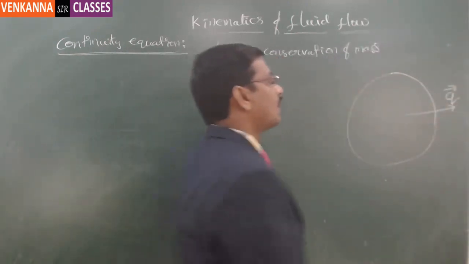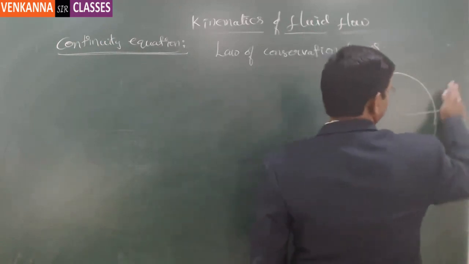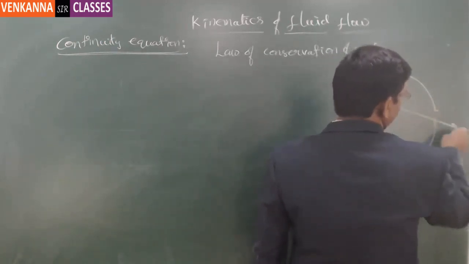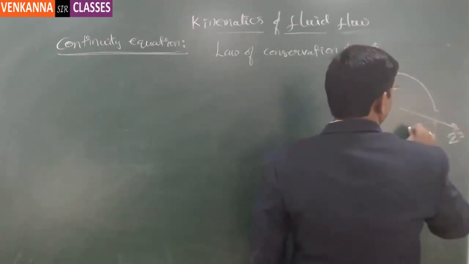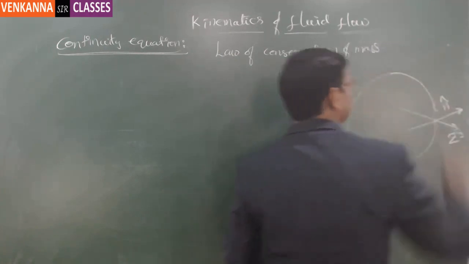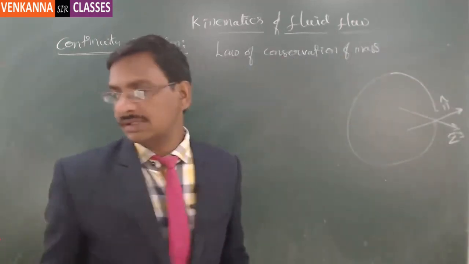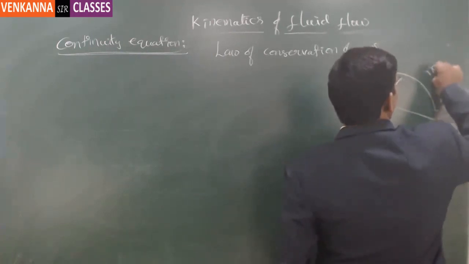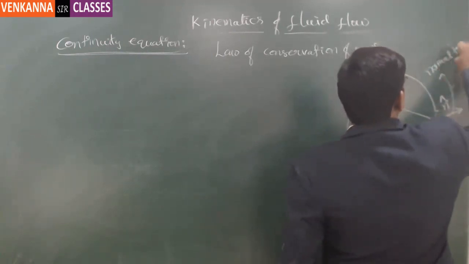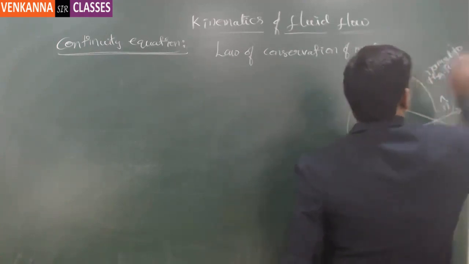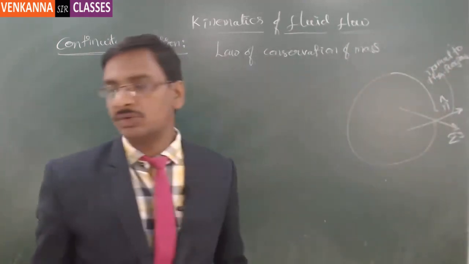Then the normal vector at this particular point, let us say this is the q direction, and this is the n cap direction, the normal to the surface.